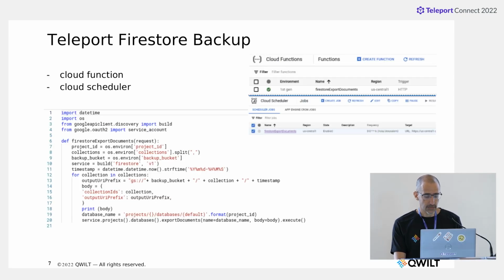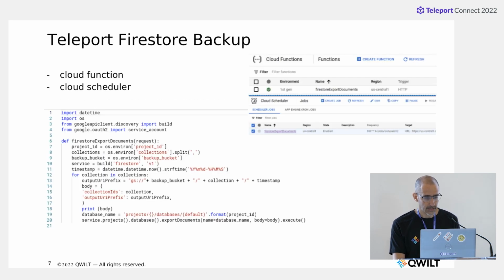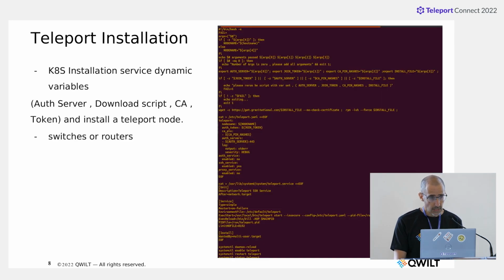Okay, so because we are using Firestore as a backend, we needed a backup, so we are using a cloud function and cloud scheduler. This is the installation file. The installation file is opened only in our local network in order to give the network team the possibility to install the switches and routers.